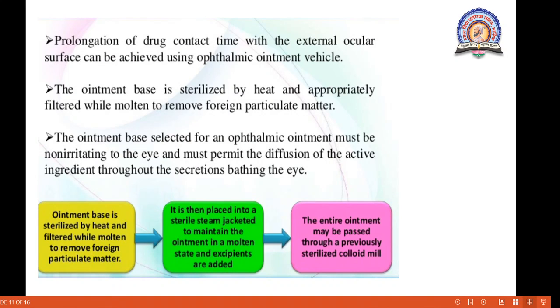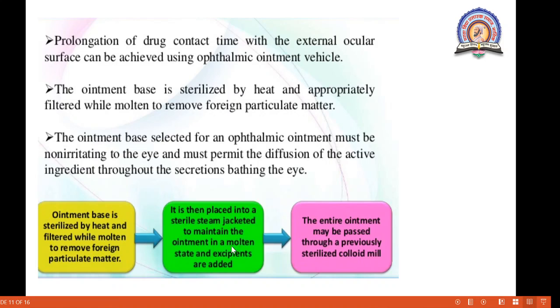Prolongation of drug: the ointment base is sterilized by heat and filtered while molten to remove foreign particulate matter. It is then packed into the sterile steam jar to maintain the ointment in the molten state, and excipients are also added.